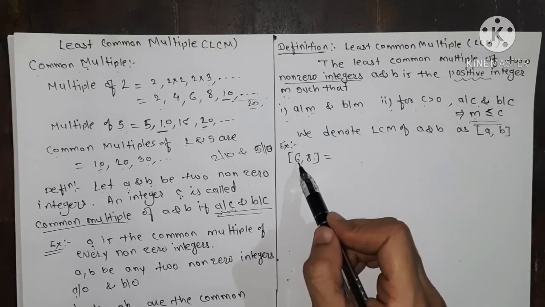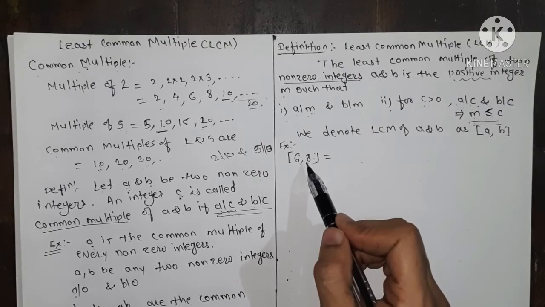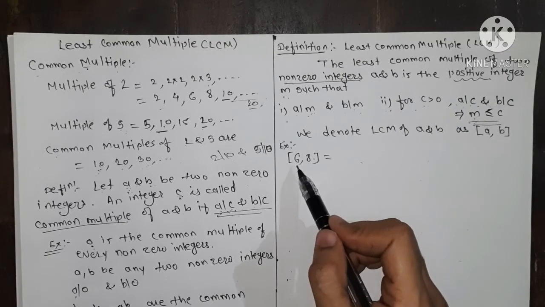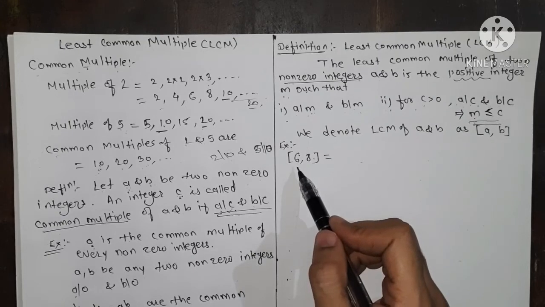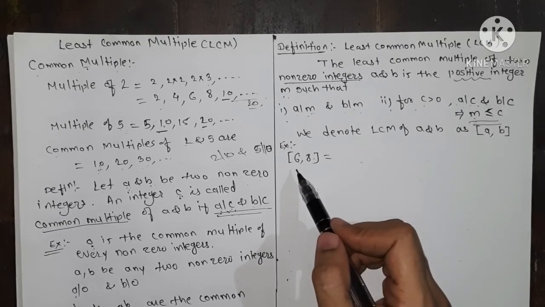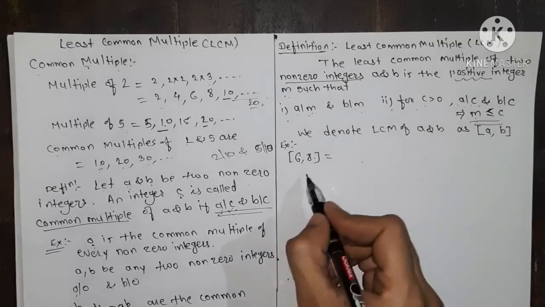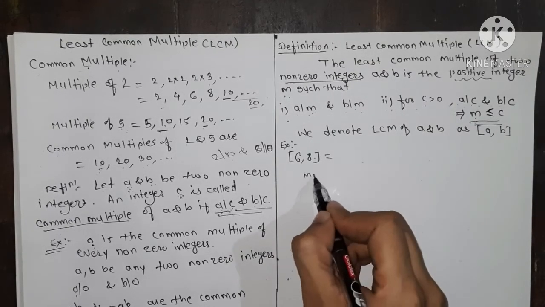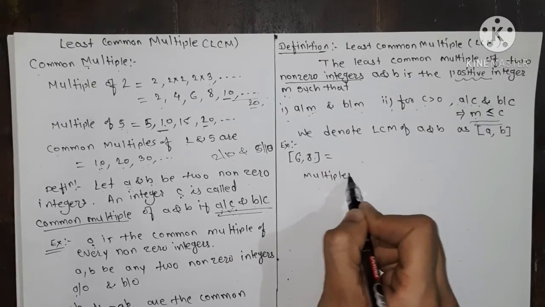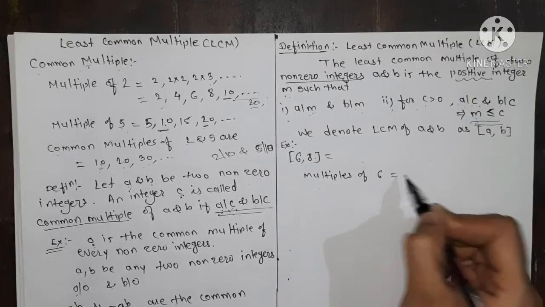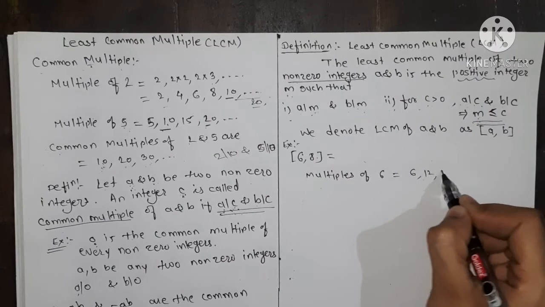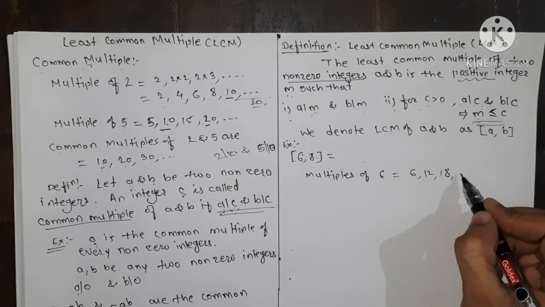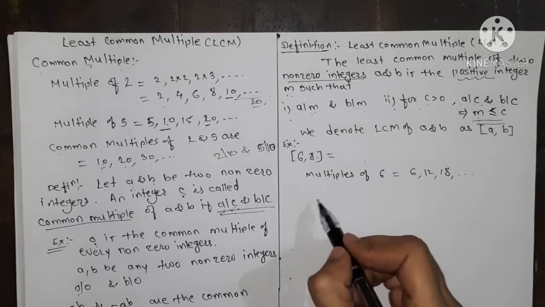The LCM is the common multiple: we find the common multiples of 6 and 8, and from these we choose the smallest one and call it the LCM of 6 and 8. So multiples of 6 are 6, 12, 18 and so on.